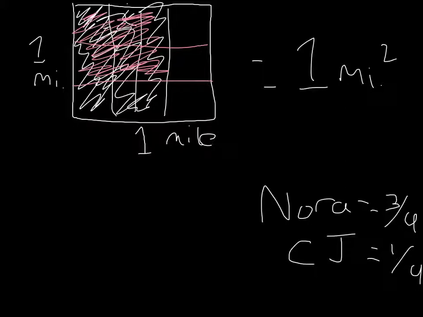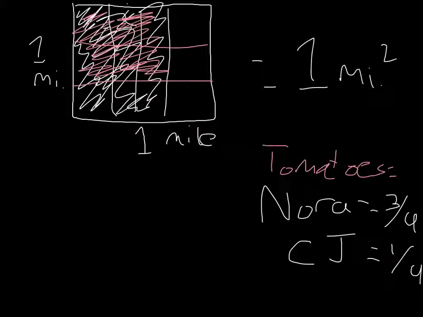So now you see that it's 2/3 of her land, but we want to look at it in total. So we want to see how much tomatoes were planted. So let's find the amount of squares in total.